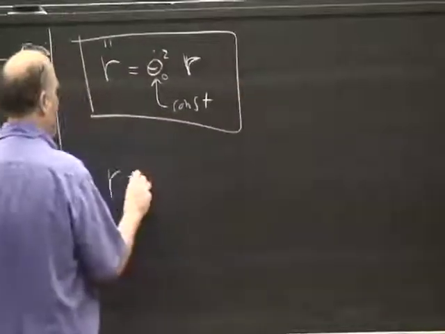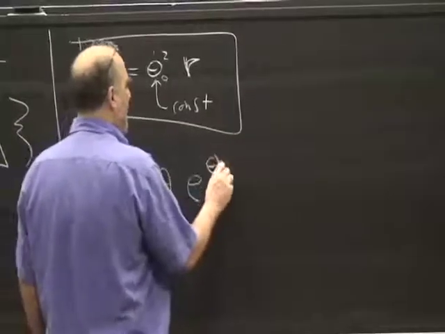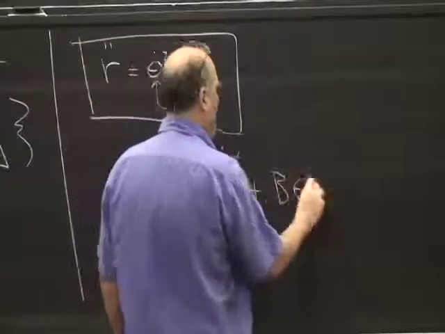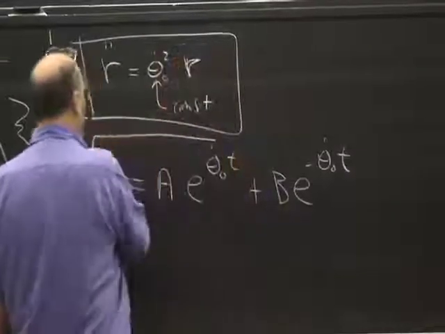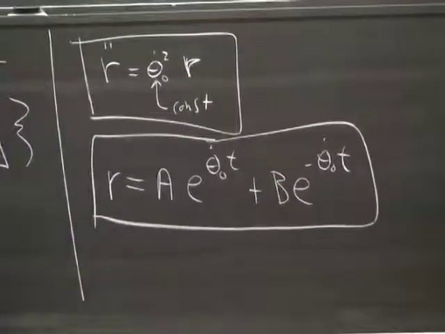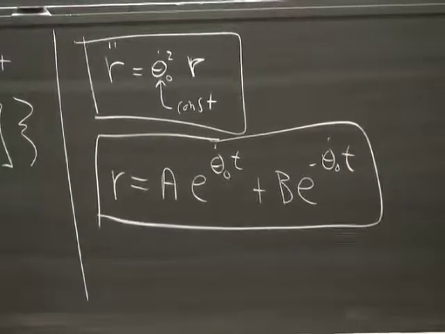The solution of this equation is r is equal to A times e to the theta dot 0 t plus B times e to the minus theta dot 0 t. If you don't know that or know how to guess it or get it figured out, go back to chapter whatever it was where we have differential equations. Make sure you know how to get here quickly by yourself.